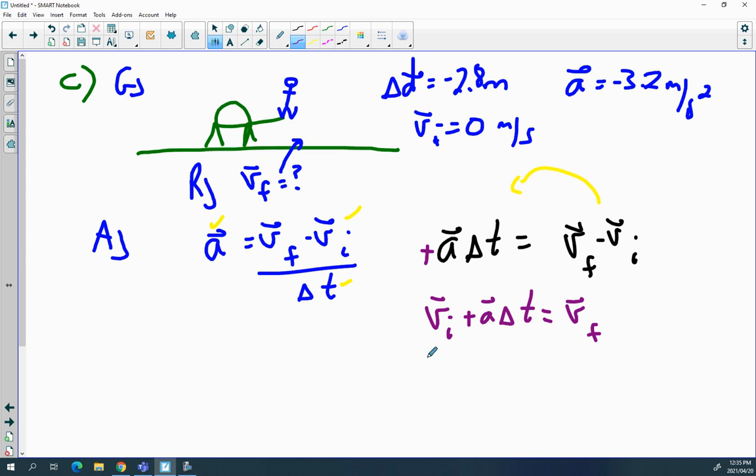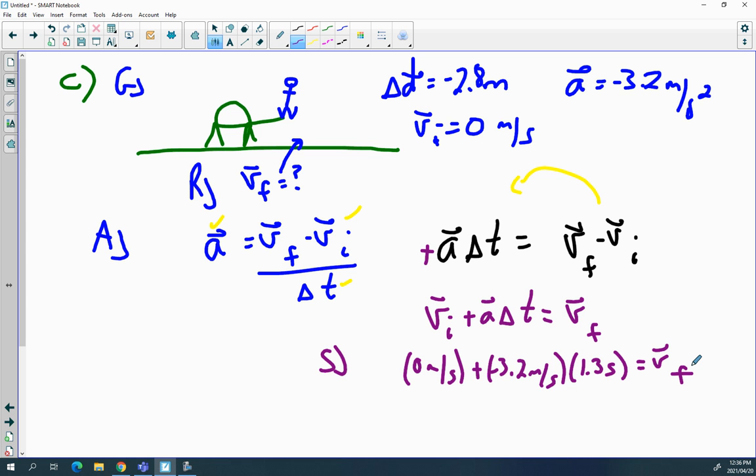And now we are going to plug in the values here. So we're going to substitute. It started at 0. The acceleration is negative 3.2 meters per second squared. And it fell, we just figured that out in the previous question, for 1.3 seconds. And that'll give me my final velocity.